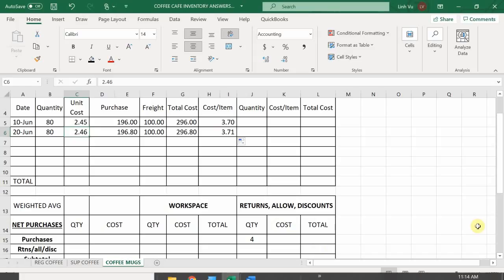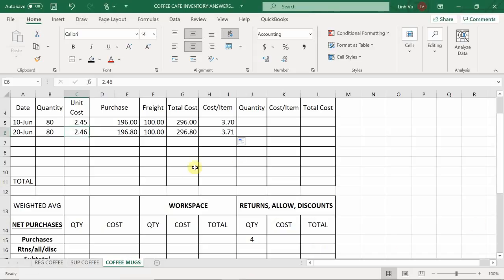You can't return the cost of freight or any shipping cost because, once again, can you go to the post office and say, hey, I want a refund on my shipping? They will laugh at you because you can't. It's just a standard cost that you cannot return.